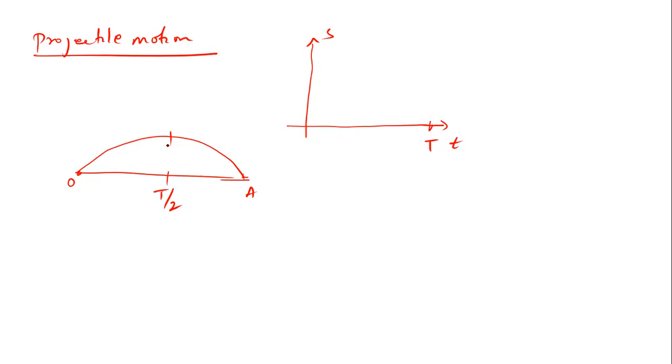Now, how do you arrive at the distance time graph here? The distance time graph of a projectile motion, of a curve especially. How do you get the curve length?